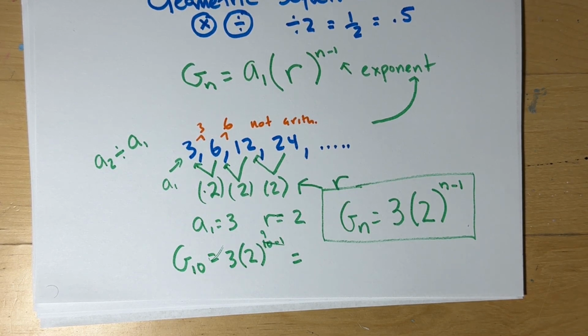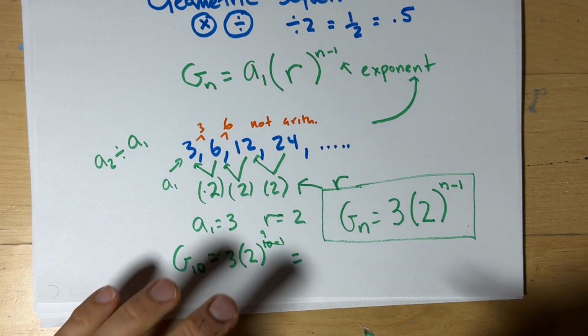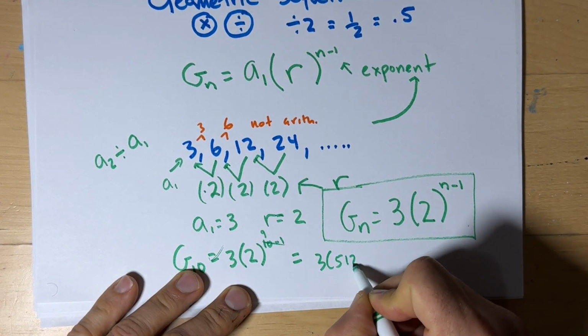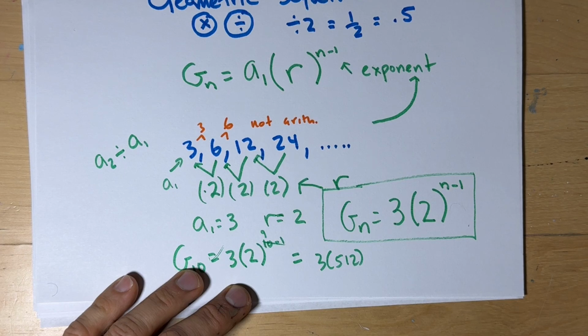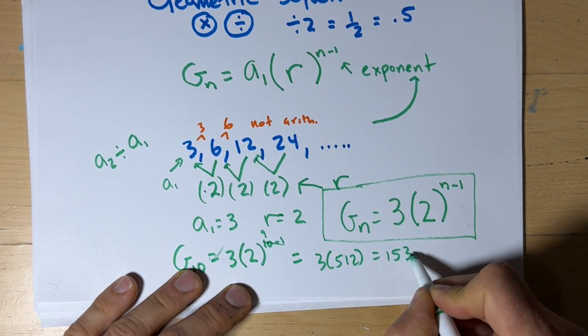Punch it in. So 2 to the 9 is 512 times 3. 3 times 512. So that's 1536.